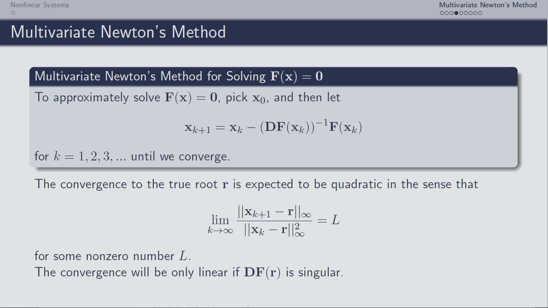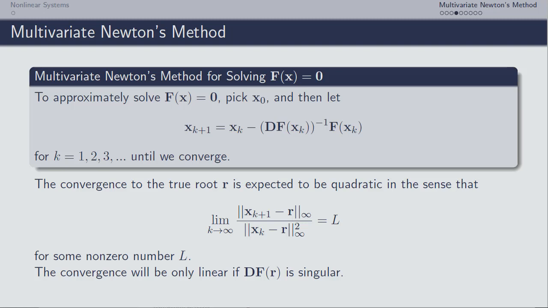Right, so the error here is with respect to a norm. You could have used the 2 norm, you could have used another norm. Here, the infinity norm is typically going to be the best because that focuses on the largest error of a single element.